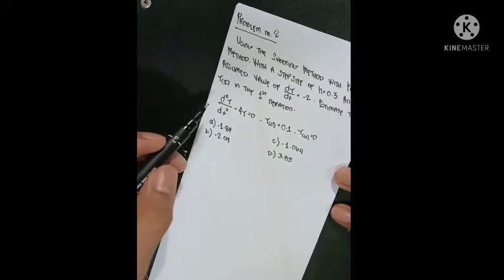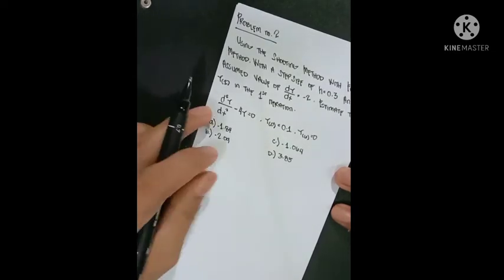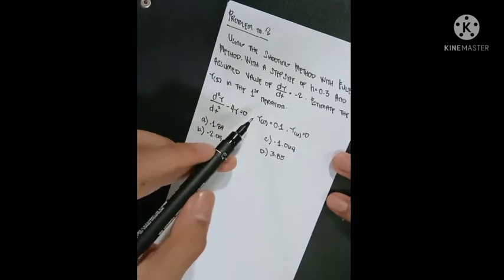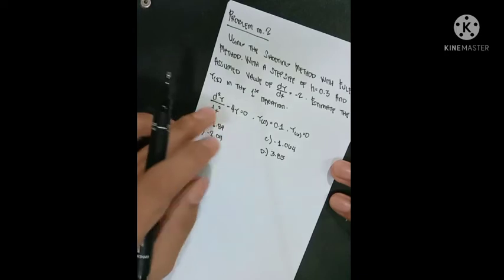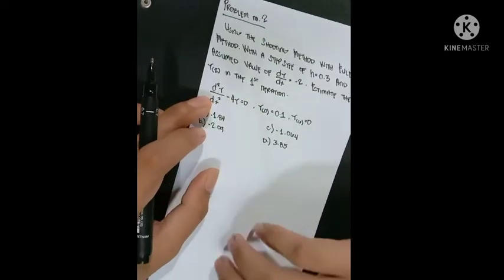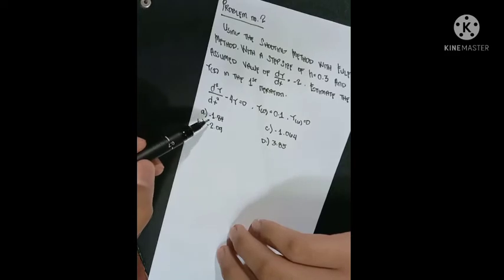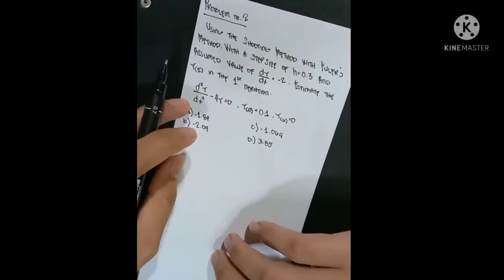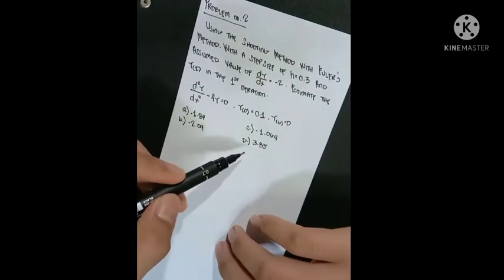The equation is d squared y over dx squared minus 4y is equal to 0. Conditions: y sub 0 is equal to 0.1 and y sub 6 is equal to 0. Our choices: A negative 1.84, B negative 2.09, C negative 1.064, and D 3.85.